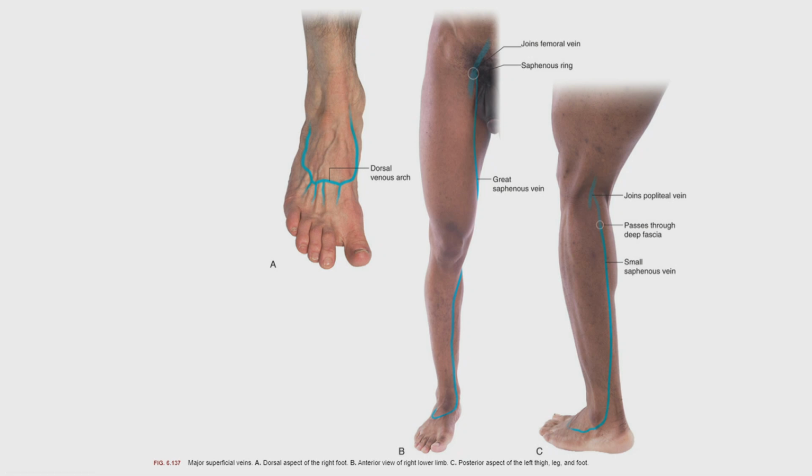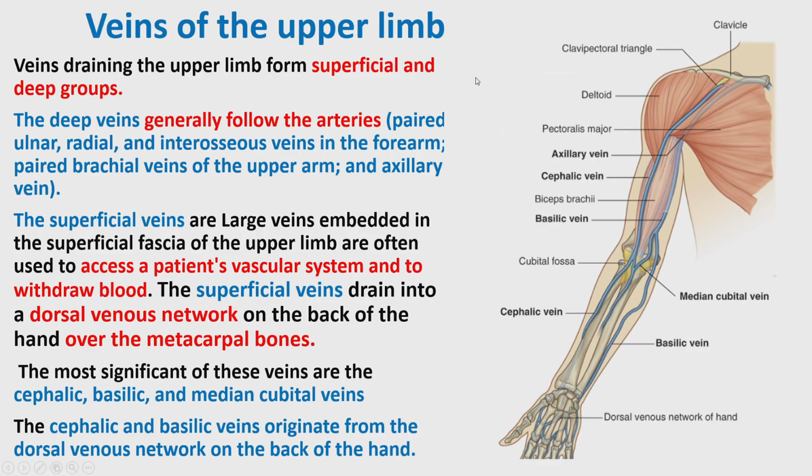And this is the illustration of the origin of these two saphenous veins, and this is the place of the drainage of the great saphenous and the small saphenous to the popliteal, and here is the femoral vein.